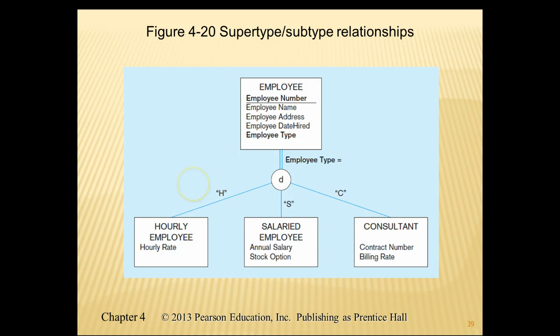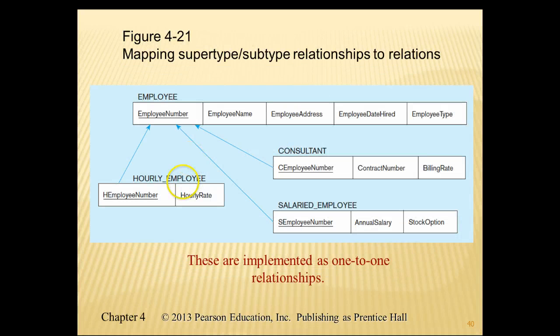Of course, this is how that entity relationship would look, and this is how the resulting logical model would look. So we have an employee and the hourly employee, the consultant, and the salaried employee, and all of these tie back to the employee relation with the employee number.